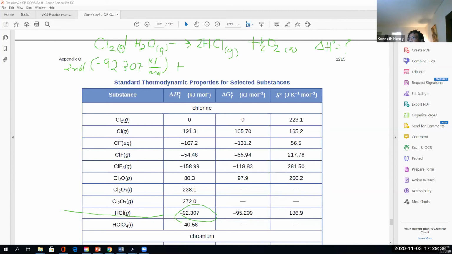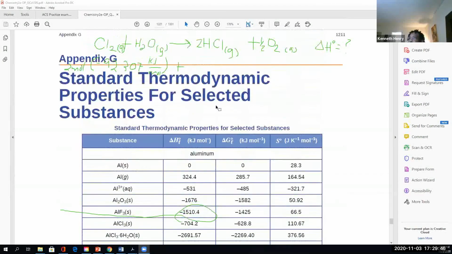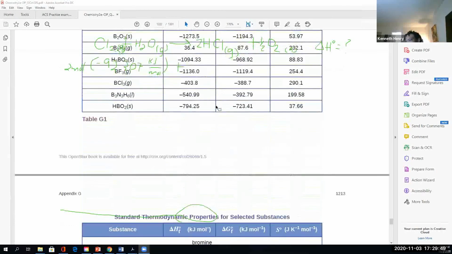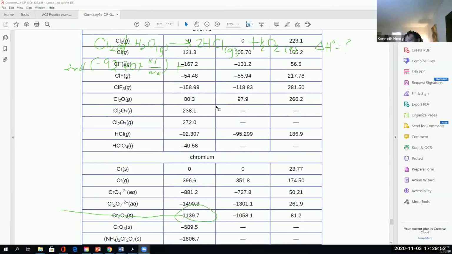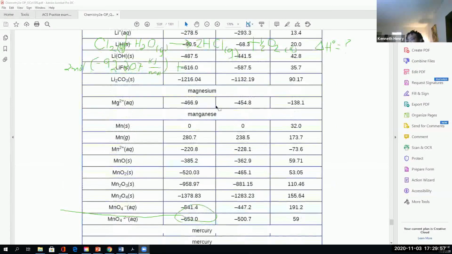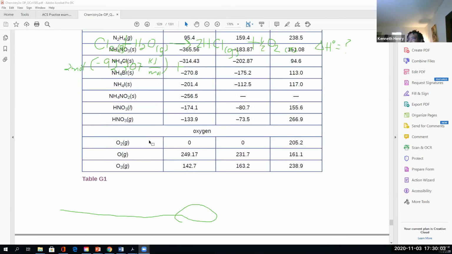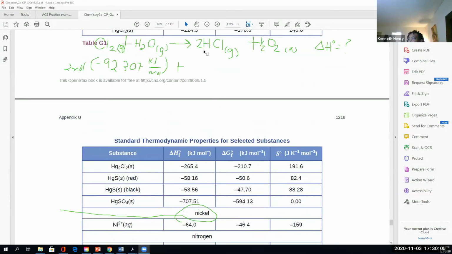And then oxygen gas, I believe, is 0. Oxygen gas, 0. And then chlorine gas is 0.